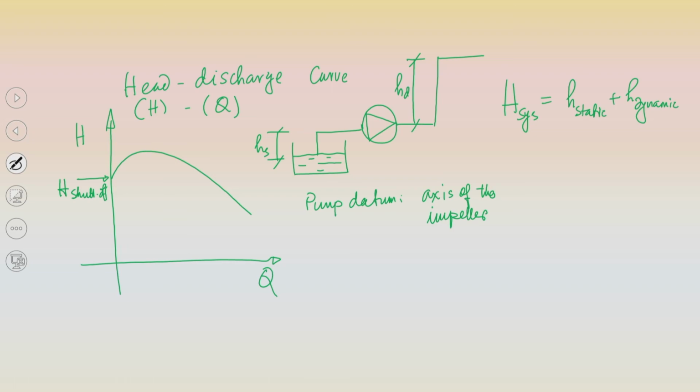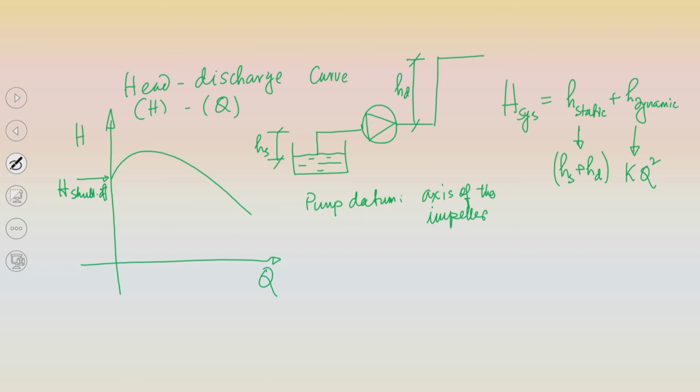Dynamic, if I recall correctly, we have expressed as k Q square, and H static is H suction plus H delivery. If we represent this curve in the H-Q plane, it will be like this.